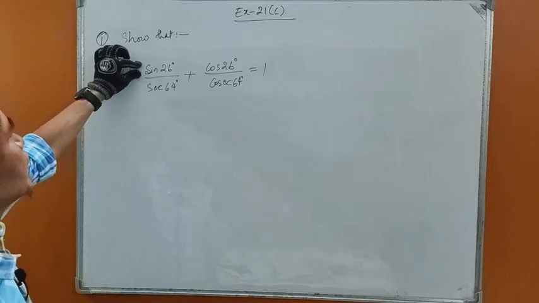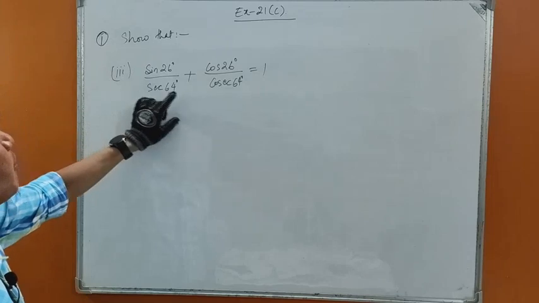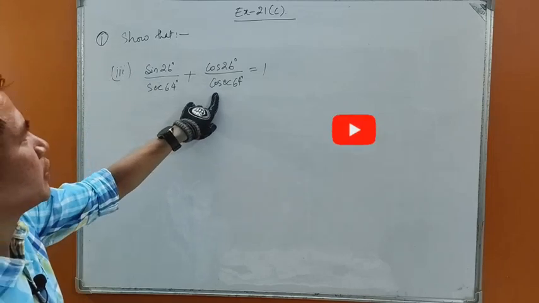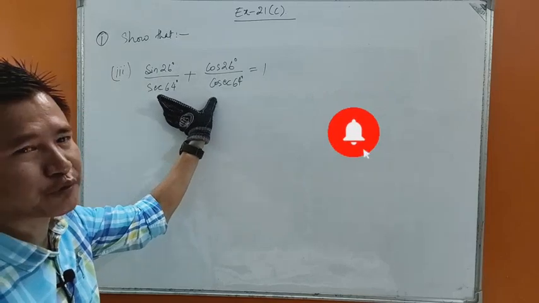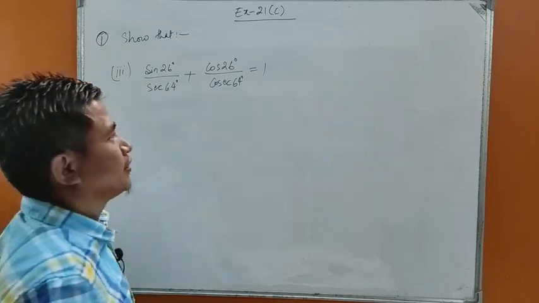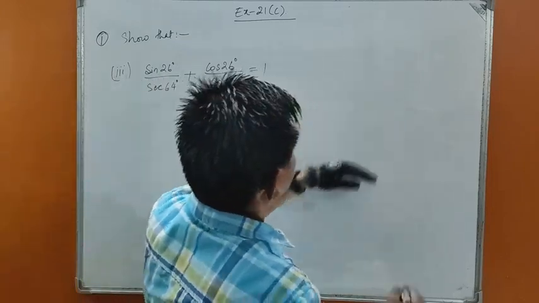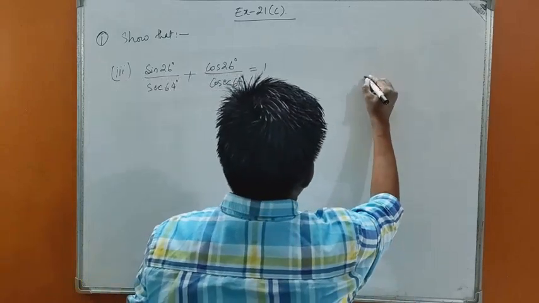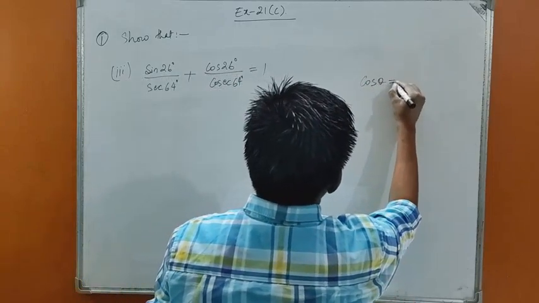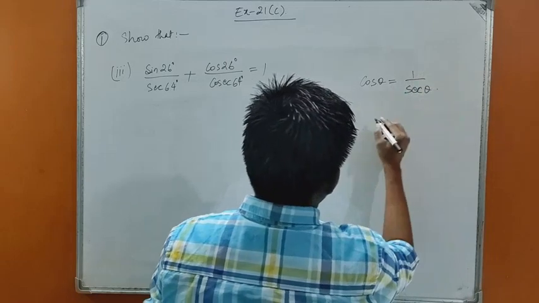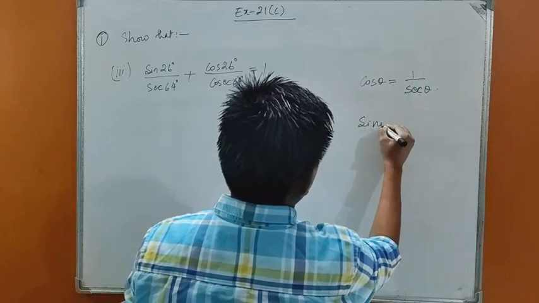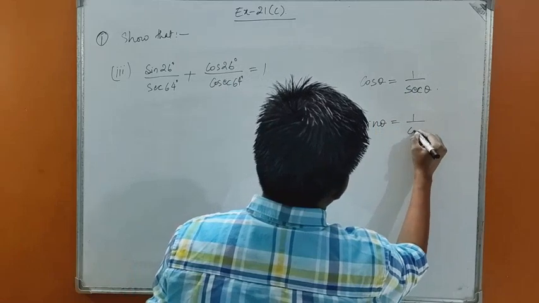We have sin 26 upon sec 64 plus cos 26 upon cosec 64 in the left hand side, and we are asked to prove this equals to 1. So we know that cos theta equals to 1 upon sec theta, and sin theta equals to 1 upon cosec theta.